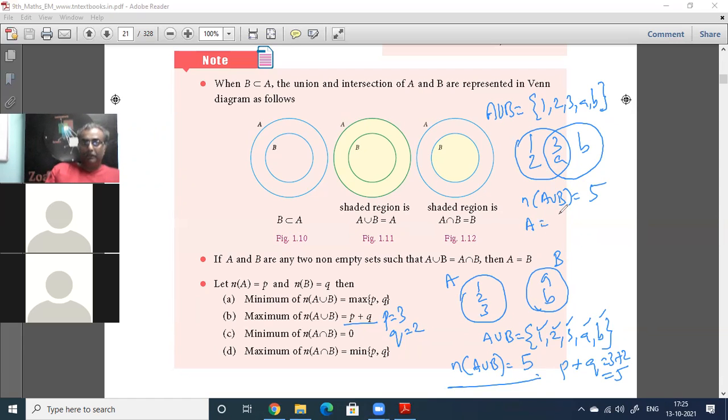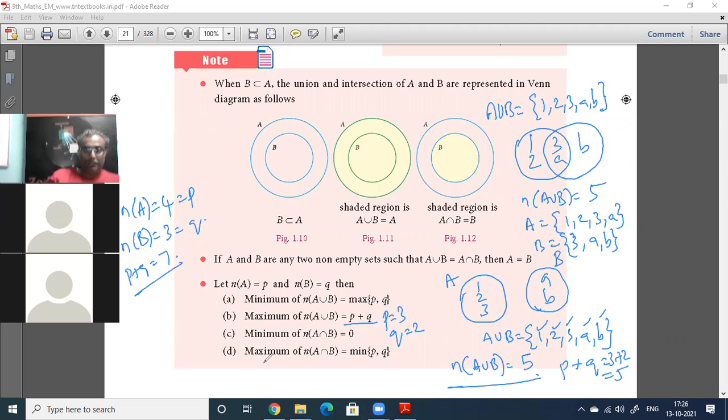A is equal to 1, 2, 3, A, and B is equal to 3, comma A, comma B. Okay. 1, 2, 3, A. So N of A is equal to 4, that is equal to P, and N of B is equal to 3, that is equal to Q. So P plus Q is equal to 7. Okay. So the maximum N of A union B becomes 7 in that case. Okay. So that is not possible.